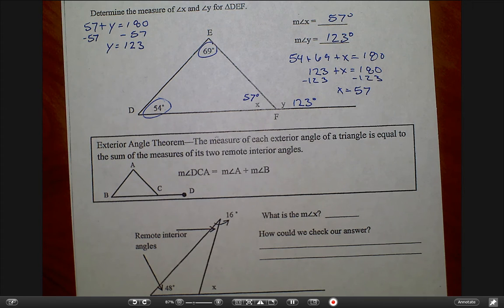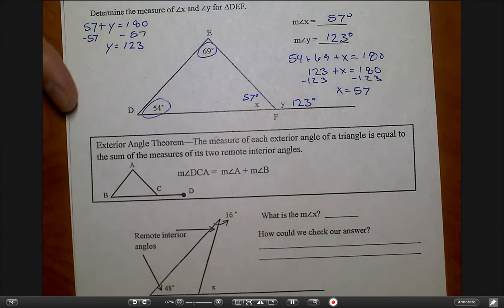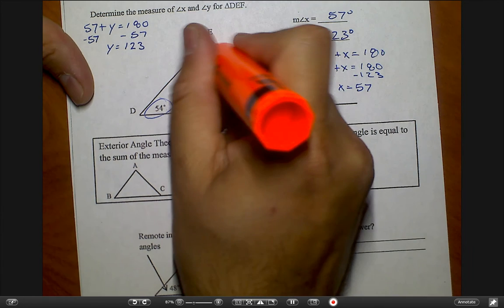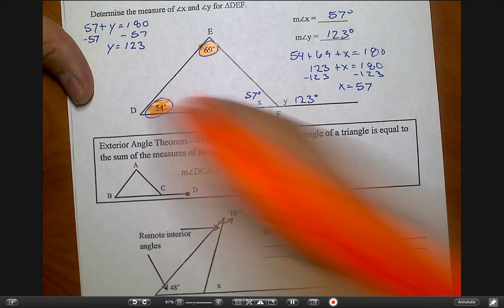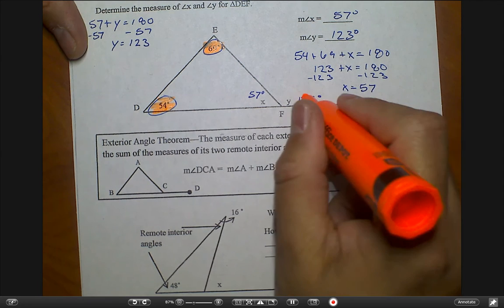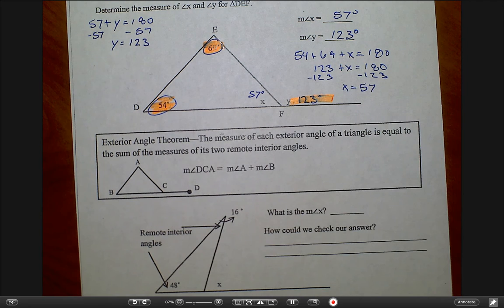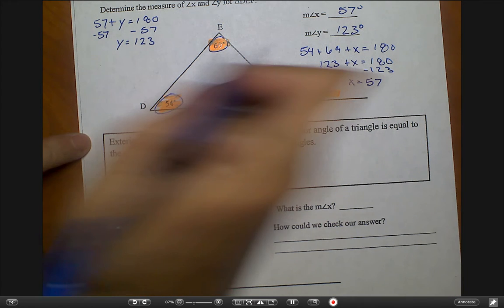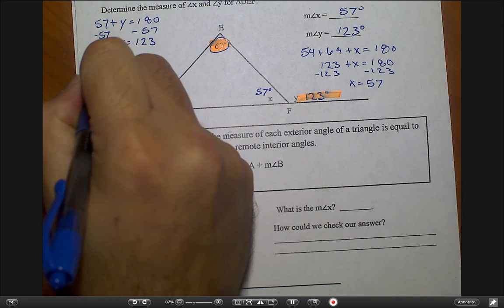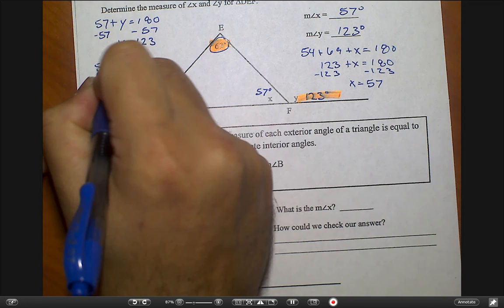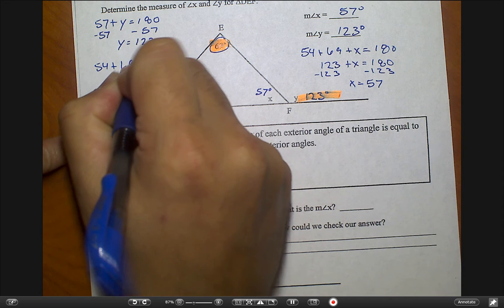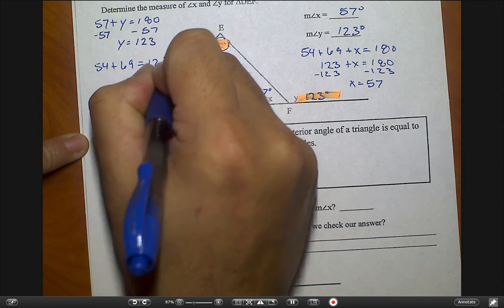Now, I'm going to show you something, and this is how we use the exterior angle theorem. This one here plus this one here has to equal this one here. So 54 plus 69 has to equal 123.